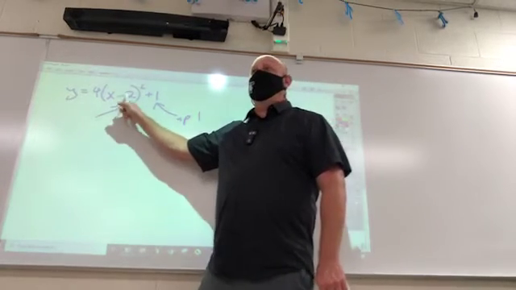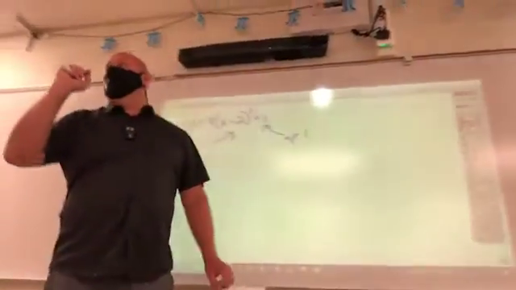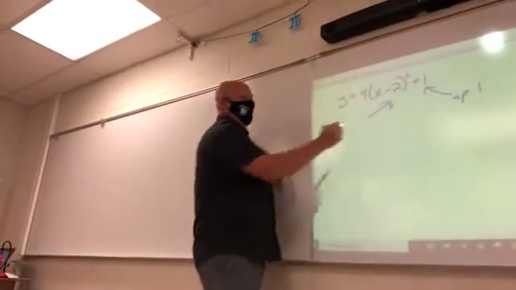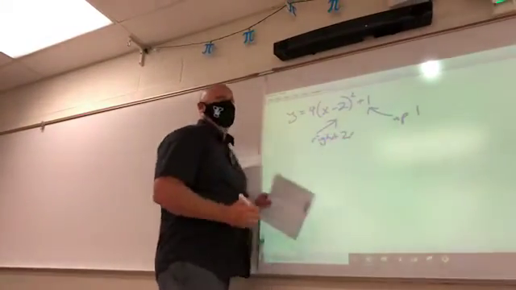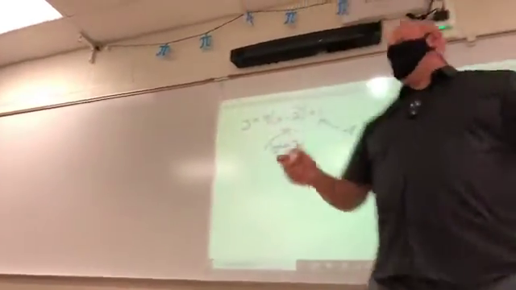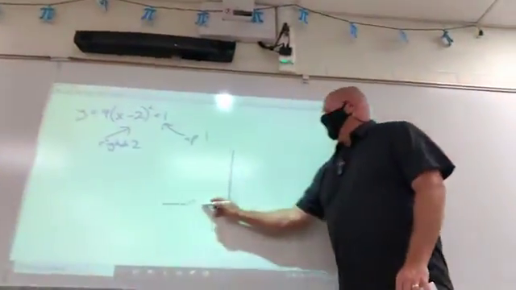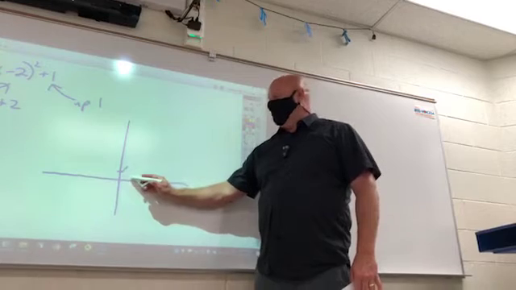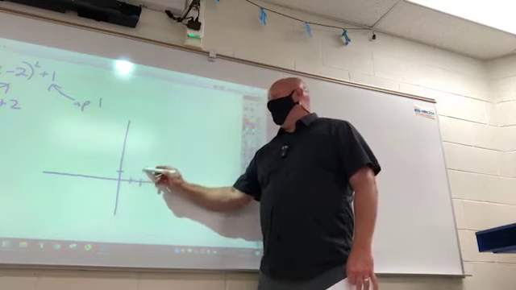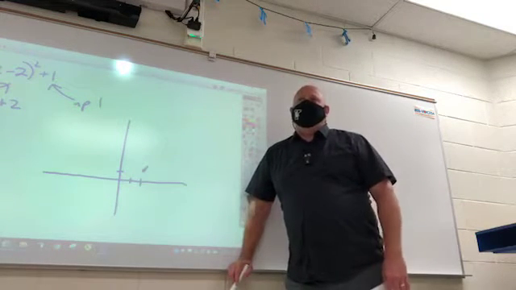So a minus 2 is actually going to be a shift to the right, a right 2 shift. So that parabola that had its vertex at 0, 0, that vertex is not going to be at 0, 0 anymore. It got moved up 1 and right 2. So now it's over there at 2, 1.